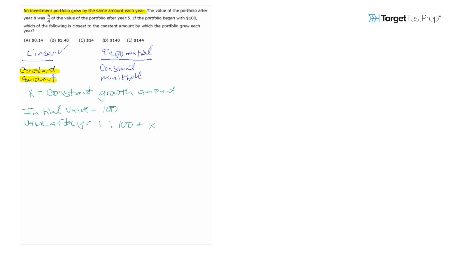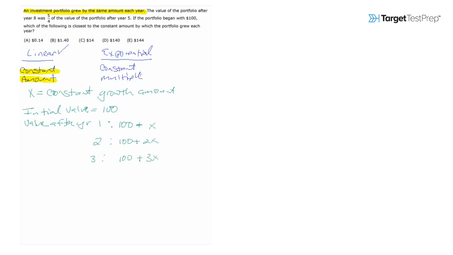We don't know what X is at the moment, but whatever it is, we're going to have our initial $100 plus X more. What's the amount after year two? We're just going to add another X on, so this is 100 plus 2X. After year three, it's 100, but we add on 3X.